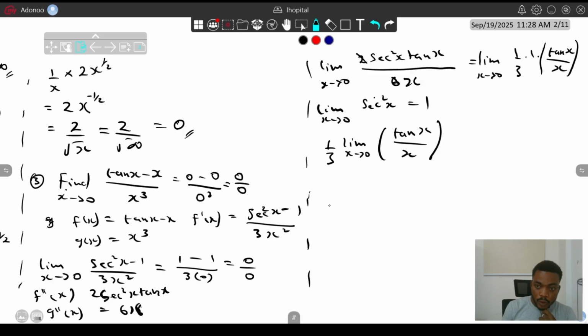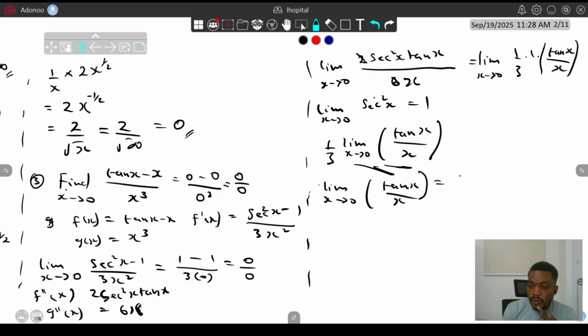Great. So clearly, we need to apply L'Hopital's rule on this part of the function, right? So if we take this part of the function, the limit as x approaches 0 of tan x over x, if we differentiate the numerator, we get sec squared x.